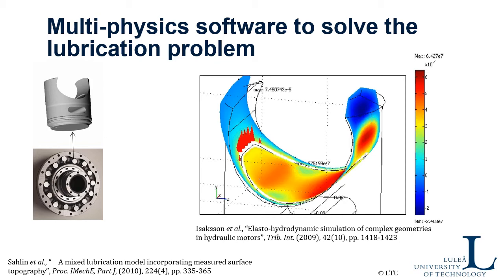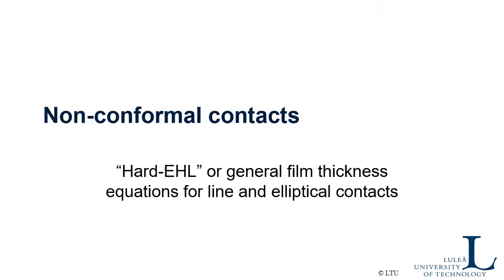Please read this paper by Isaacson or another paper by Salin and co-authors about the mixed lubrication model we have been using here. So in this case, we can actually model not only the full film lubrication, but also when the bearing operates in mixed lubrication.